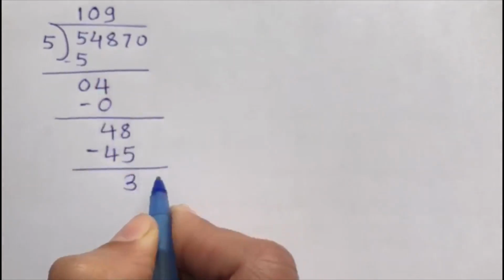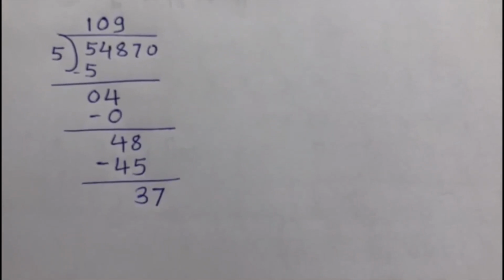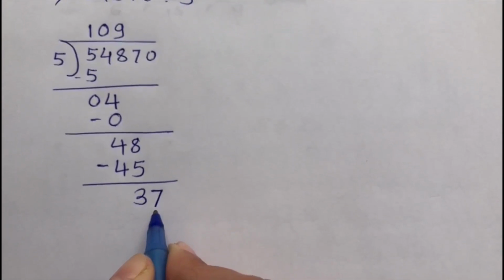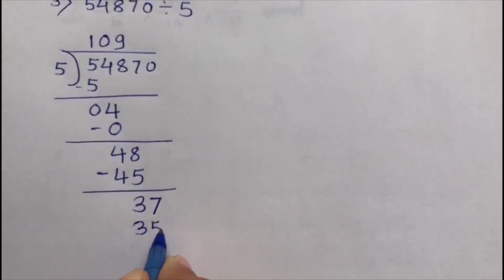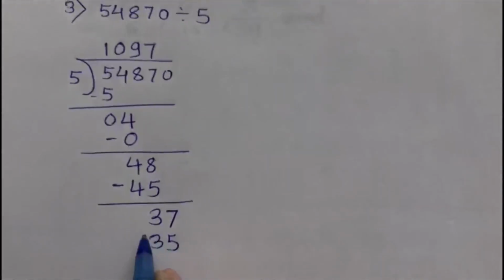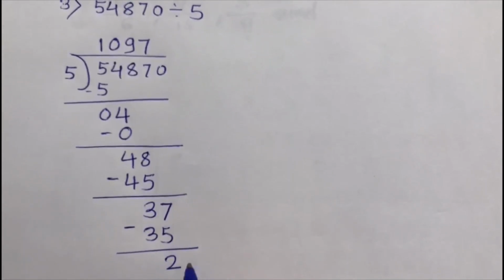Now take this 7 down, so the number becomes 37, and in the multiplication table of 5 there is no 37, but the number less than 37 is 35, and it is at 7th place. So I write here 7. Subtract this 35 from 37 and we get 2 here.